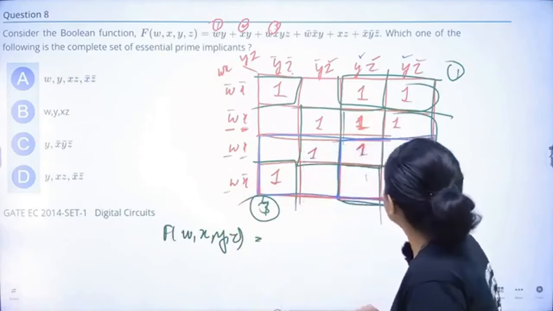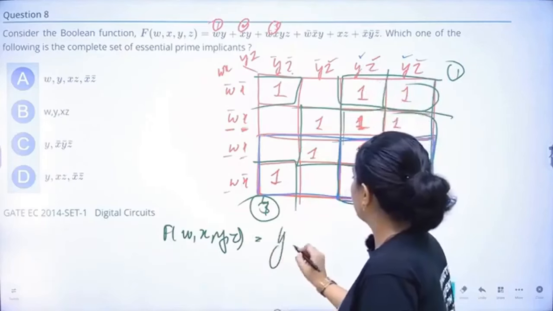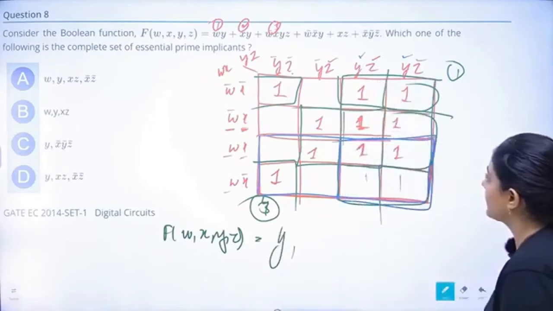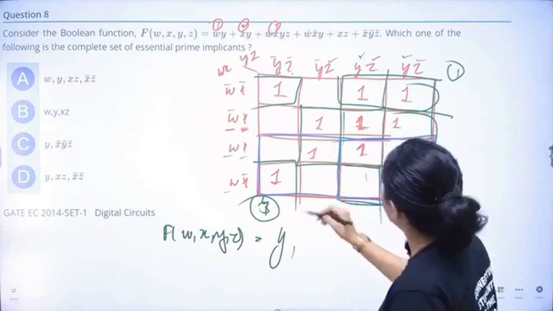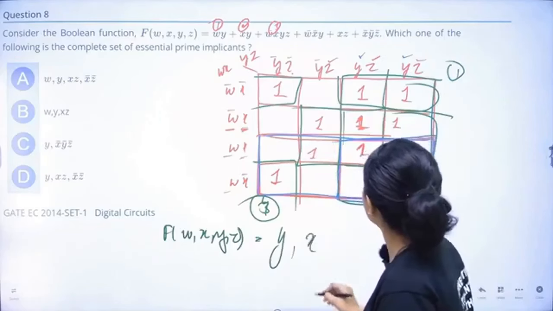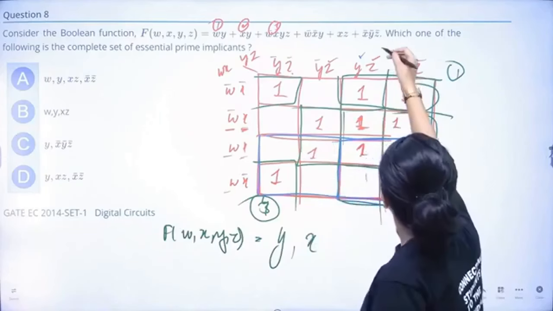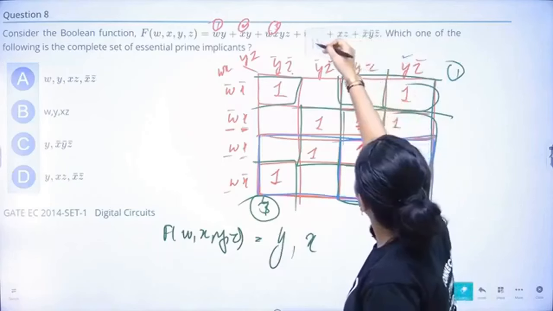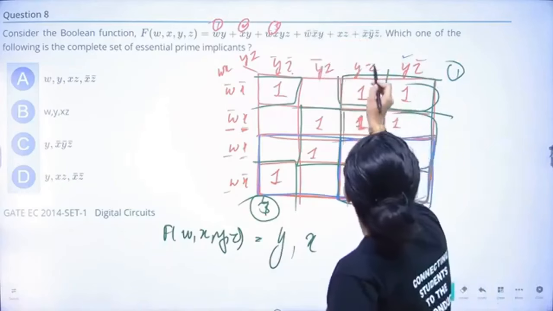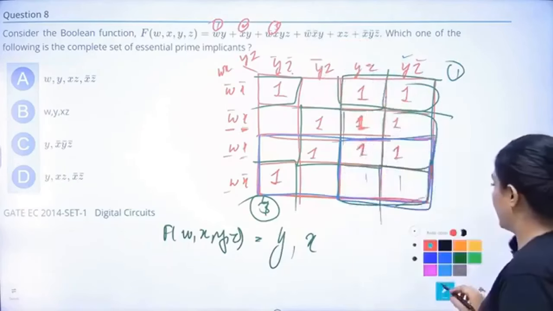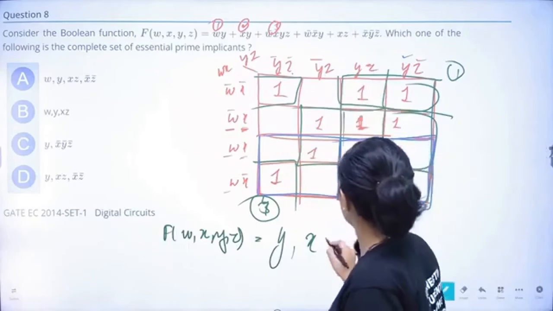So making this octa first. Octa is Y. Making quad number 2, quad number 2 will be X common and Z common.